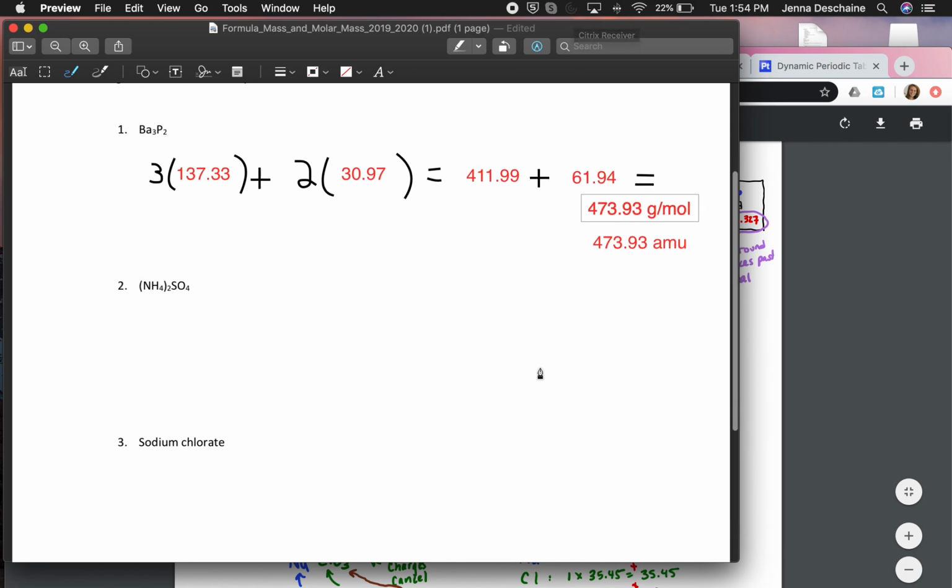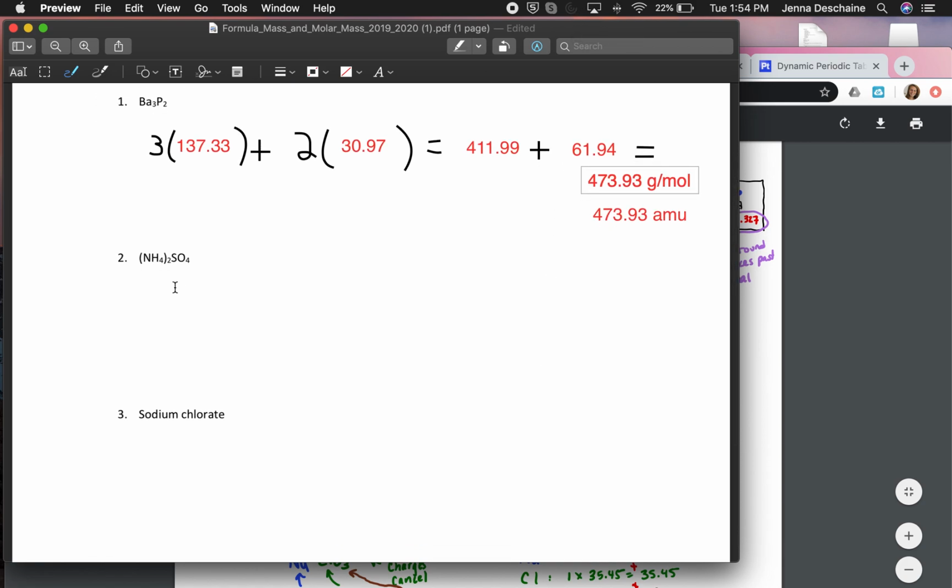All right, number 2. So bear with me. First, I'm going to count my atoms. It looks like this 2 right here is going to distribute to that nitrogen, and it's going to distribute to that hydrogen, okay? So I'm going to multiply that subscript by the subscript inside. So 2 times 1 is 2, so I have 2 nitrogen.